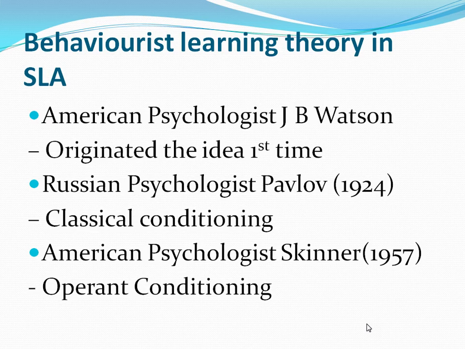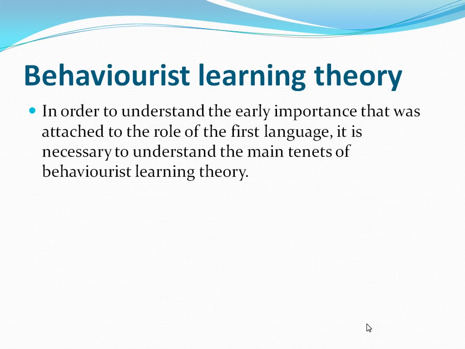So positive thing will operate positive result, and negative inspiration will operate negative result, and that is called operant conditioning. And that definition was done by American psychologist B.F. Skinner. Okay, so these are the key components of behaviorist learning theory.